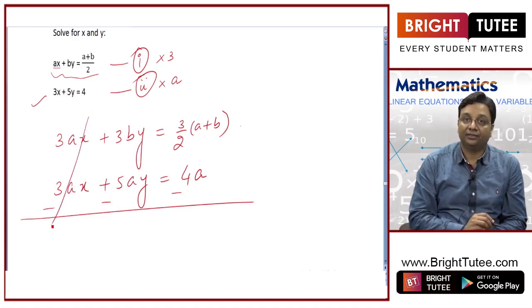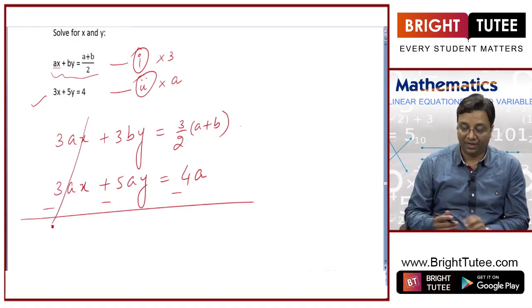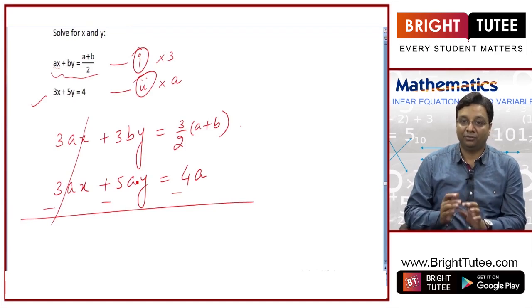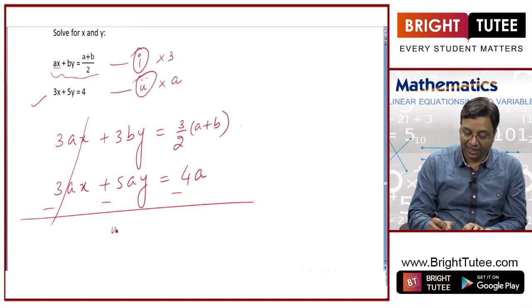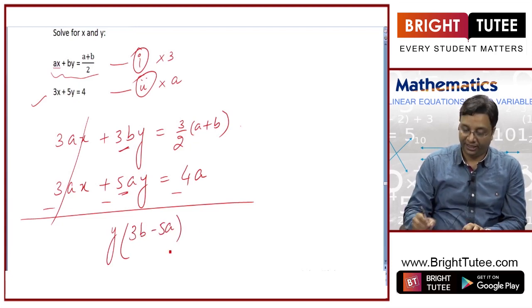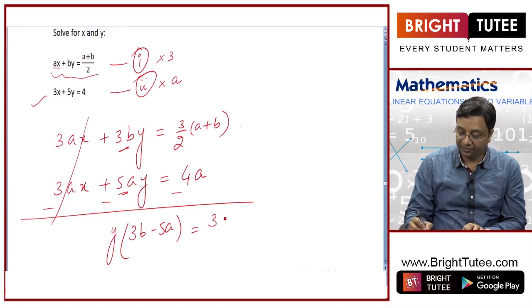So 3ax will cancel out. So I am left with an equation where I have only one variable, that is y. So it will be simpler for me to solve for y now. So y can be taken as common, 3b minus 5a, right, and from here it will give me 3a by 2 plus 3b by 2 minus 4a.